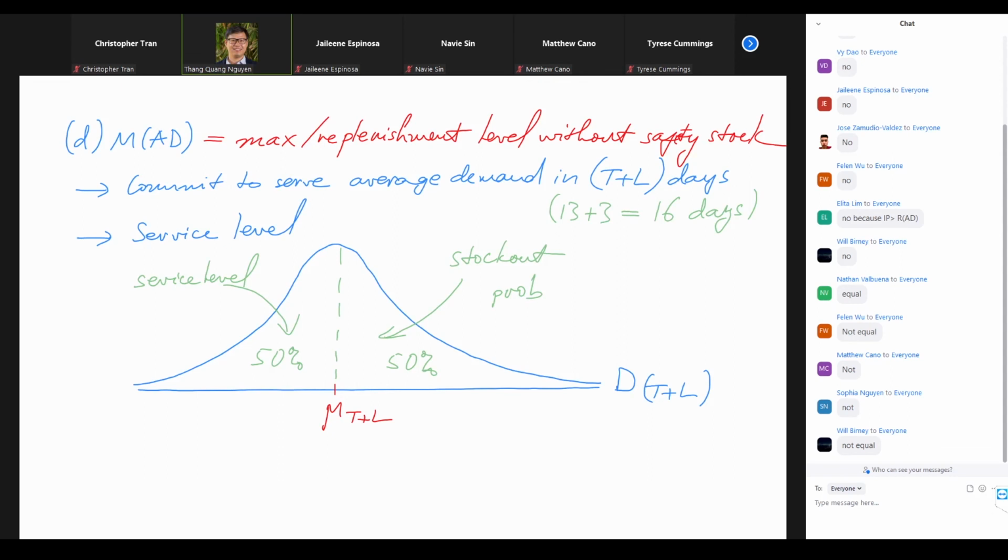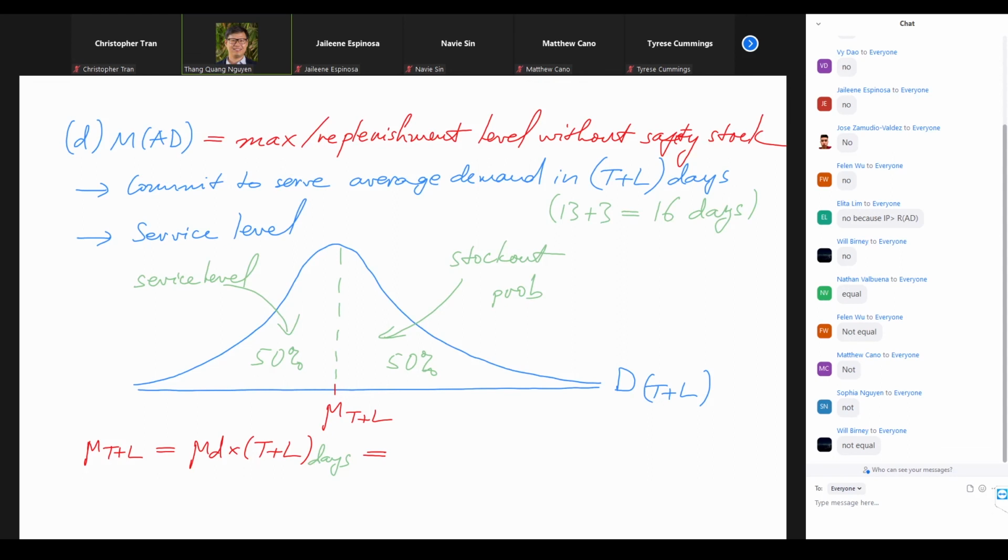Okay, so in terms of the equation, now we have a good idea of how to calculate the mu T plus L here. So mu T plus L, the average demand during 16 days, equals the demand per day times T plus L in days, right? They say that the demand per week is 32.